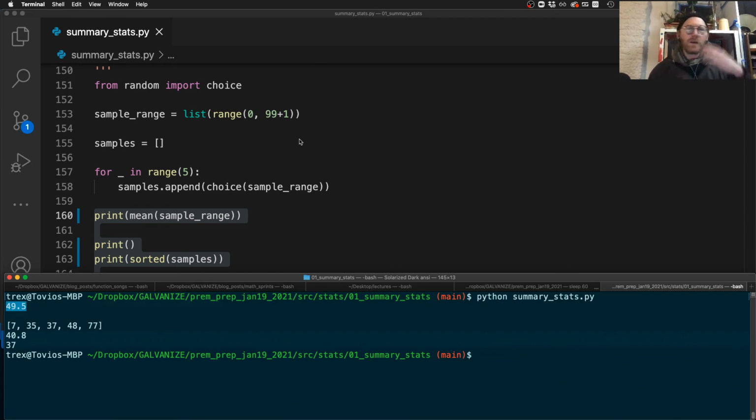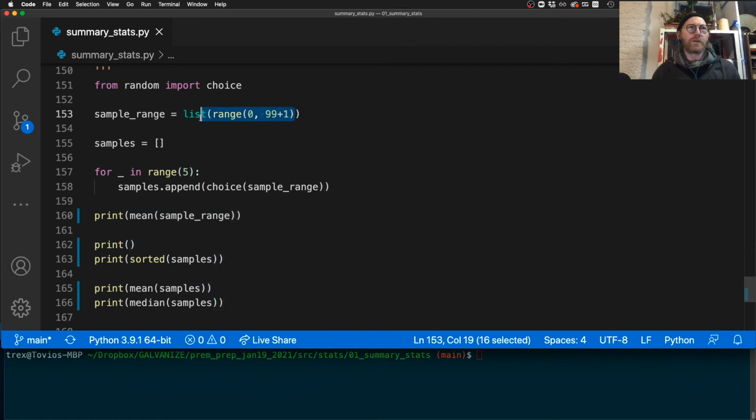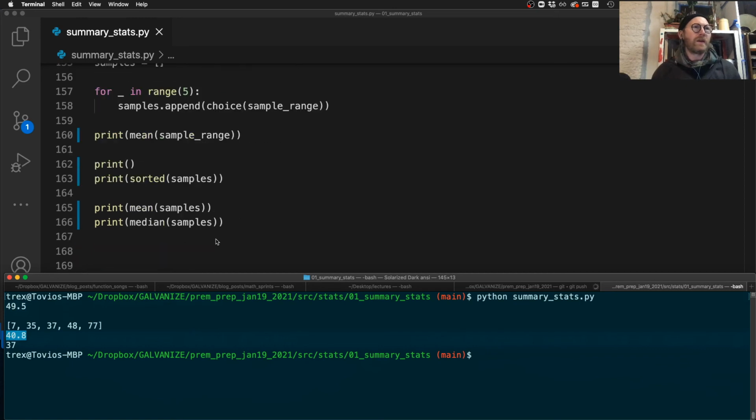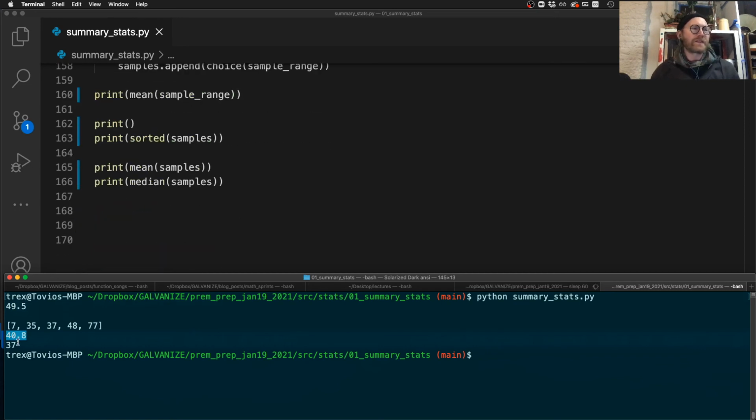We could get all the odd numbers or every multiple of 23 or anything like that, and we can see what our mean is supposed to be given our phenomenon, right? And then we can look at where our mean ends up, and where our median ends up.